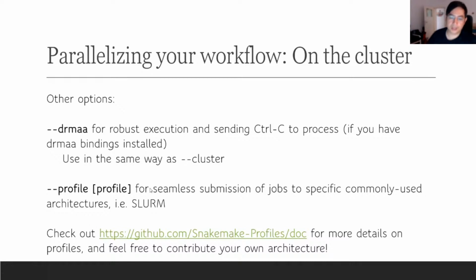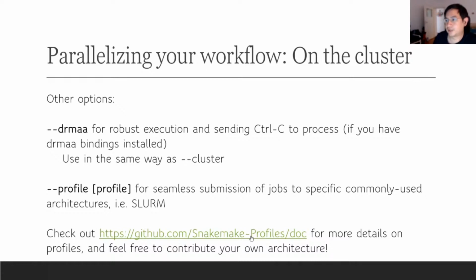More recently, Johannes has, and this is actually what I would encourage you to do if you're starting from scratch, created this profile directive. Johannes has created a repository of Snakemake profiles, which contains a lot of the different job submission parameters for commonly used architectures and generalizes them.